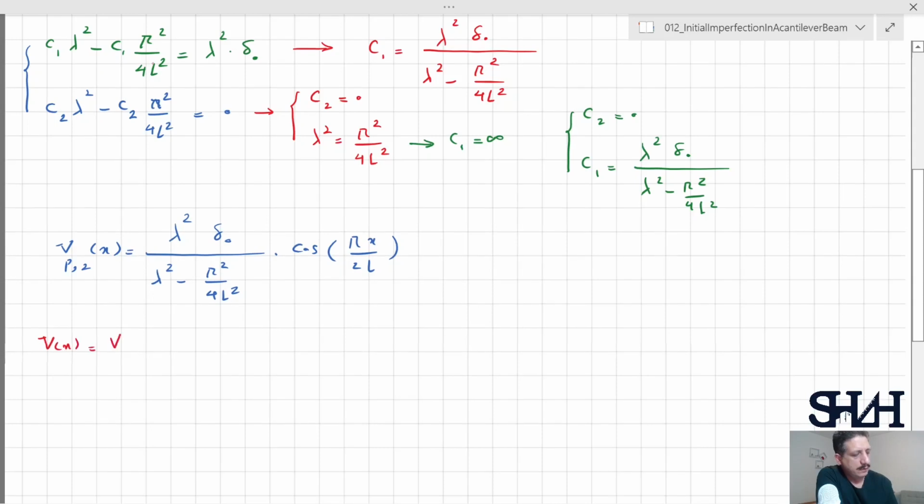V will be the homogeneous solution plus particular solution 1 plus particular solution 2.